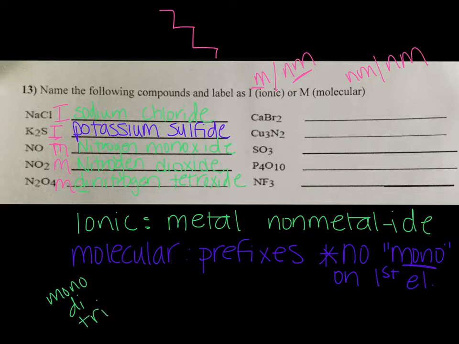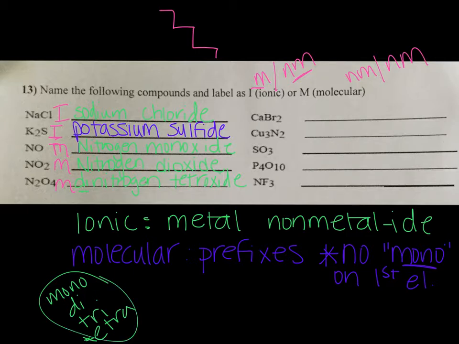You should know tri is next. Then it goes tetra, penta, hexa, hepta, octa, nona, deca. Okay, so that's kind of all of them together. Like I said though, just do a quick Google search, you'll get them right there.